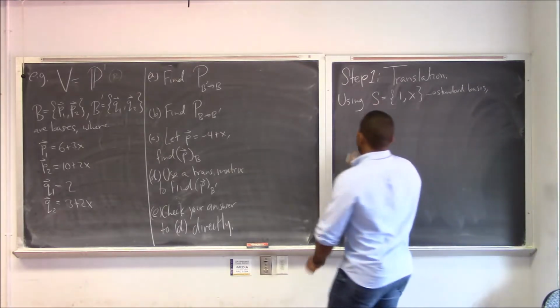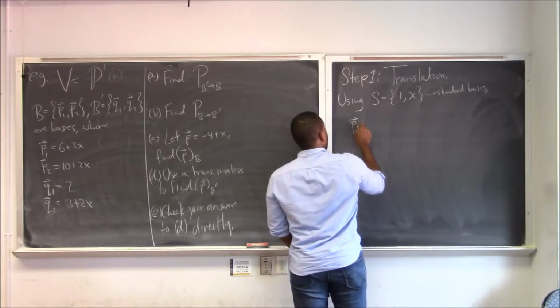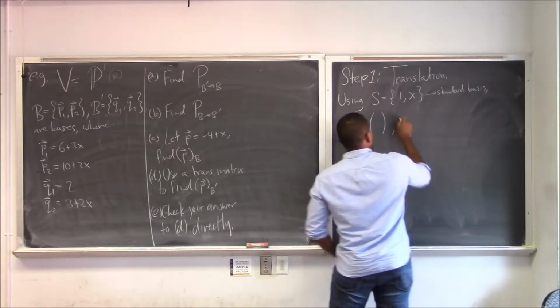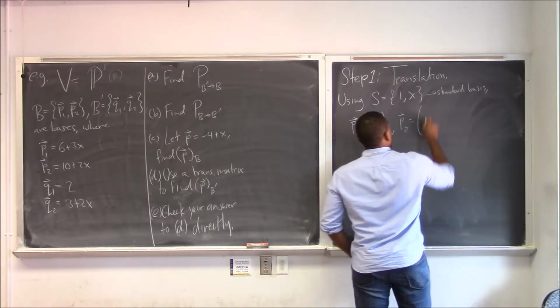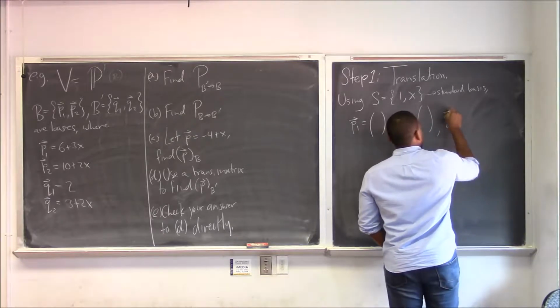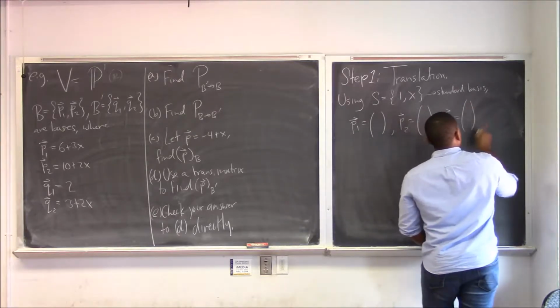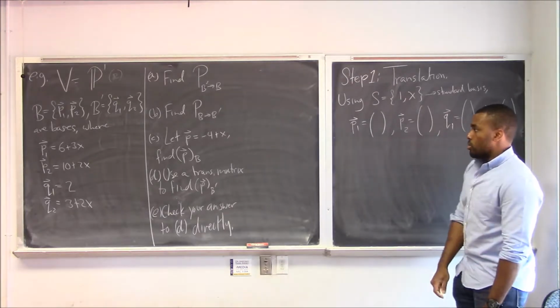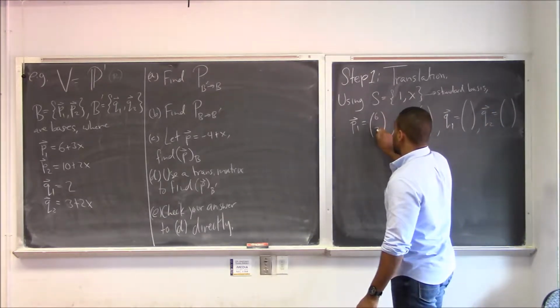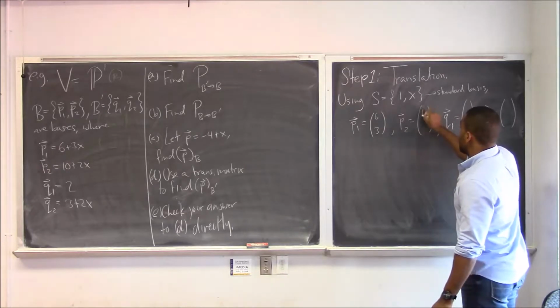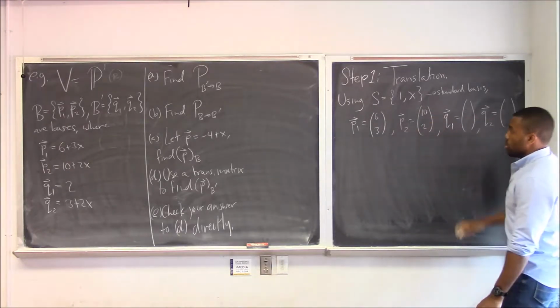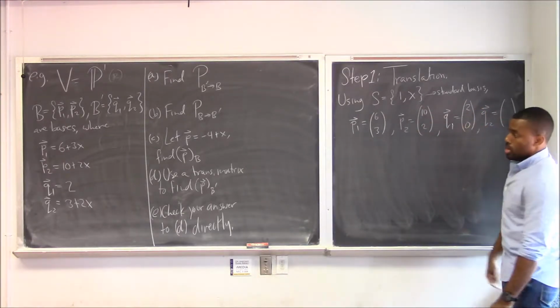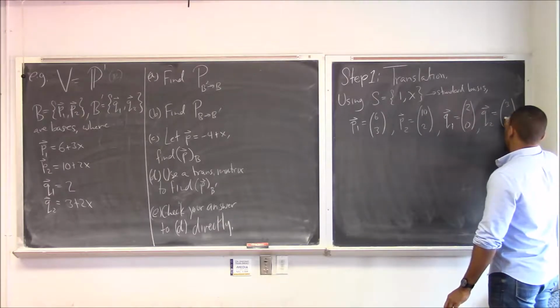We can write P1 as coordinates. In fact, we can write all of these as coordinates. So P1 is going to be 6, 3, P2 will be 10, 2, Q1 would be 2, 0, and Q2 would be 3, 2.